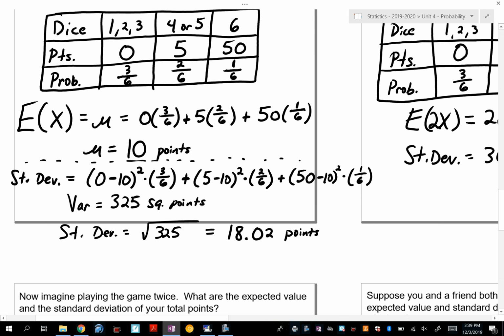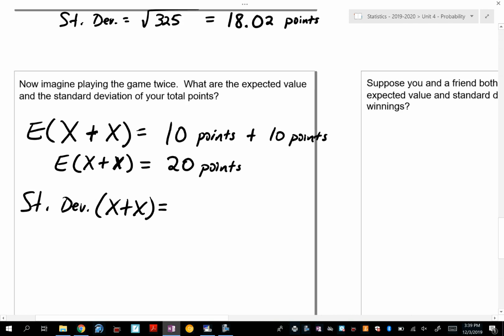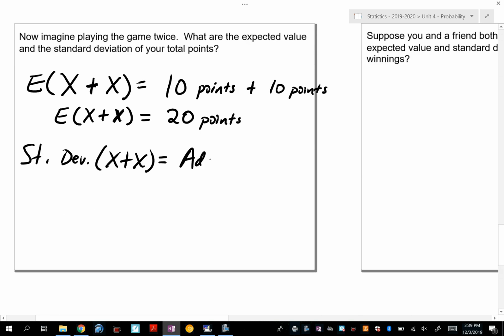It was 325, right? The variance was 325 of the original point values. So I'm going to add the variances. I'm going to add 325 plus 325 to get 650.